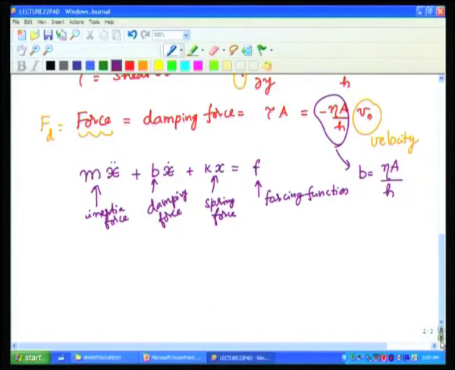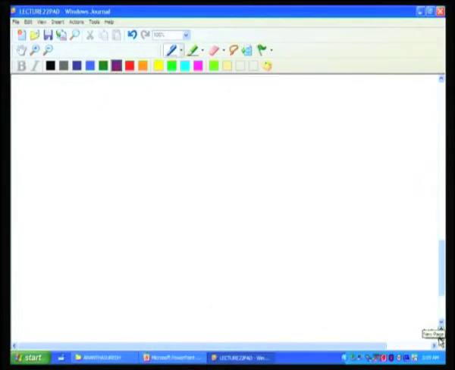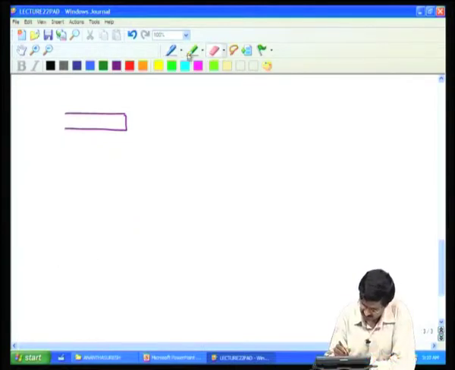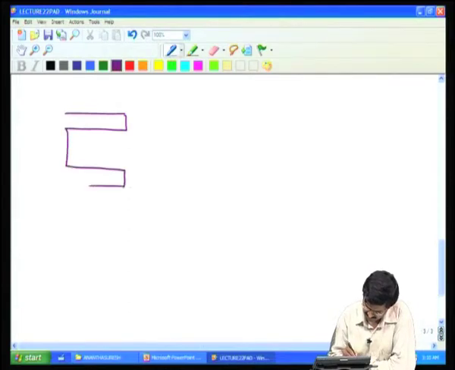So, if we have a comb drive, let us say that I will show a number of comb fingers, not really combs. We need to erase this because we need to have room for other comb fingers to come in.